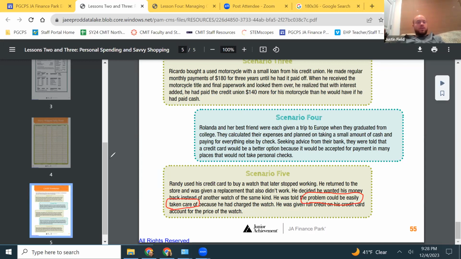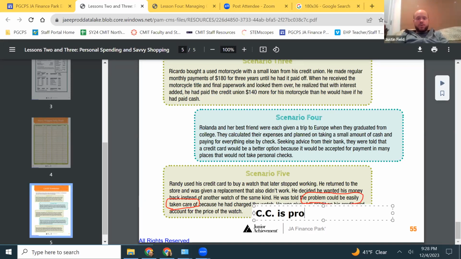So the point there is that, and we're going to write it down, the credit card is proof of payment.